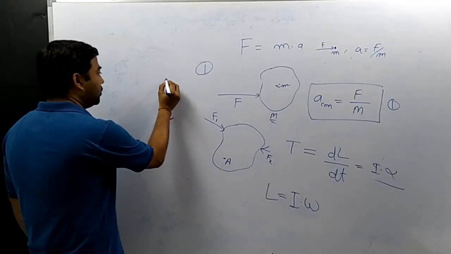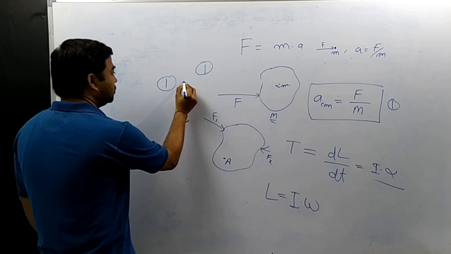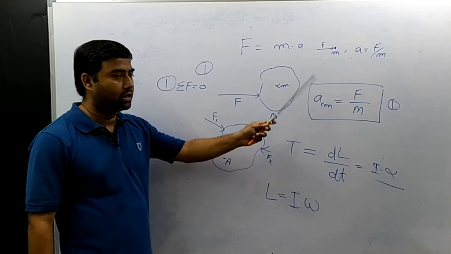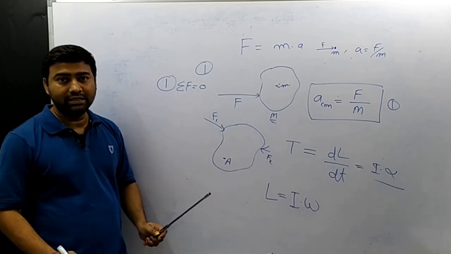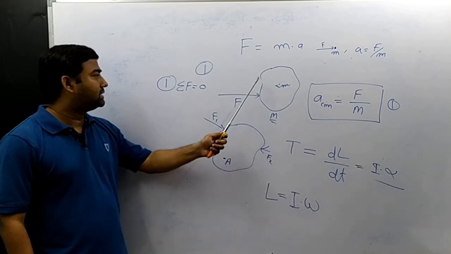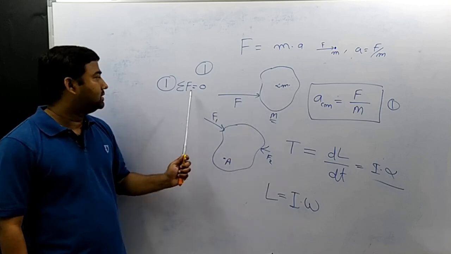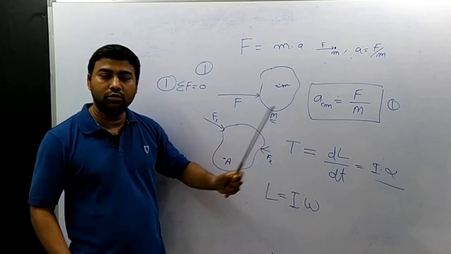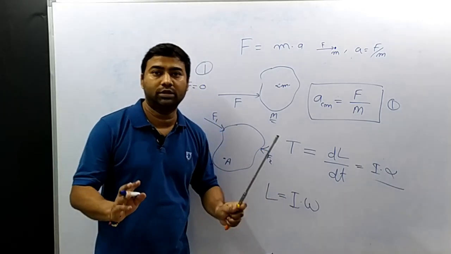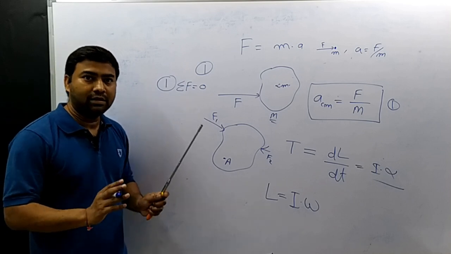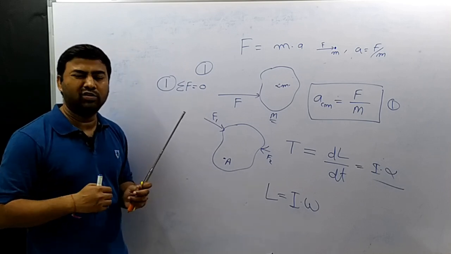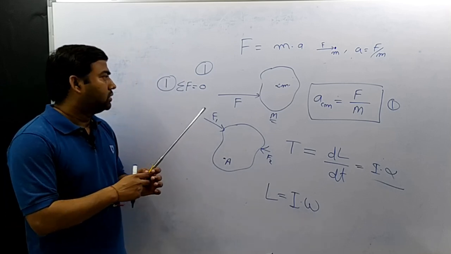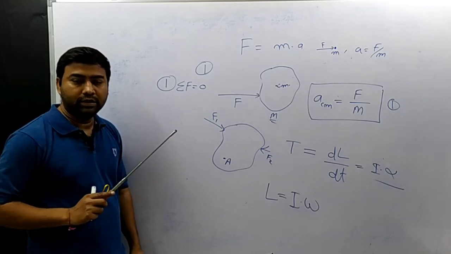For equilibrium of a body, the first condition is that the summation of all forces is zero. That is by Euler's first law of motion. If the summation of all forces acting on a body is zero, then the net force will be zero, linear acceleration will be zero, and the body will not have any linear motion. That is linear equilibrium. That is the first condition of equilibrium.